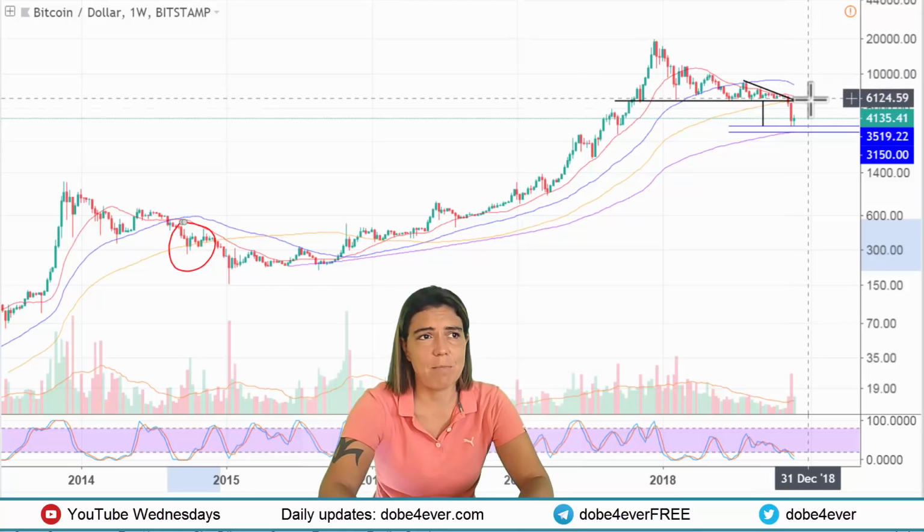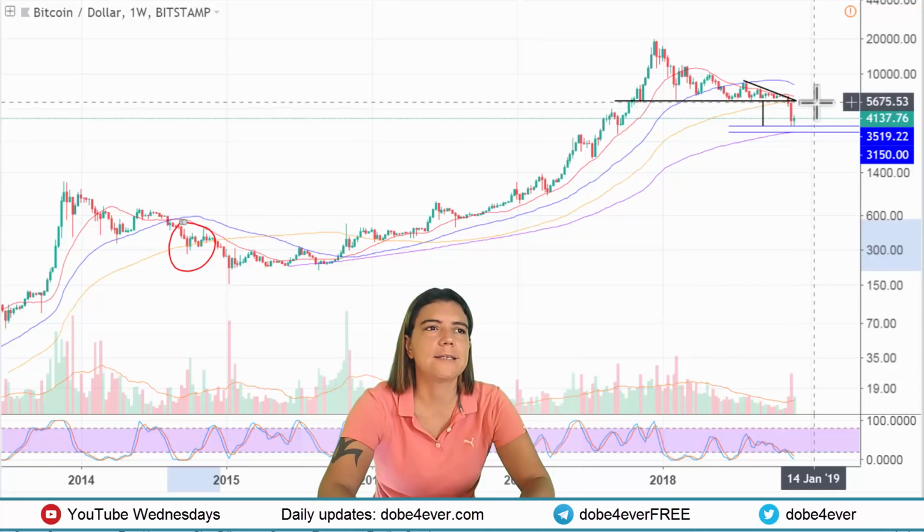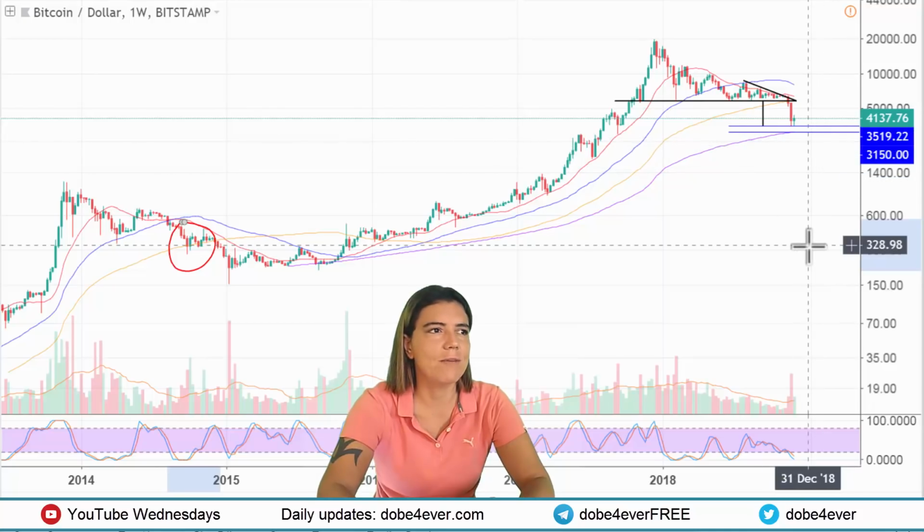If we actually stay above 6,000 significantly, then I would be changing my mind and saying, okay, this was probably the bottom at 3.5. But so far, we're far from there. I think 6,000 could be tested as a resistance, but I would expect price to reject back down and have a final capitulation down to 3,000 or below.